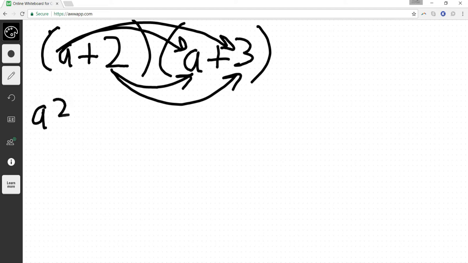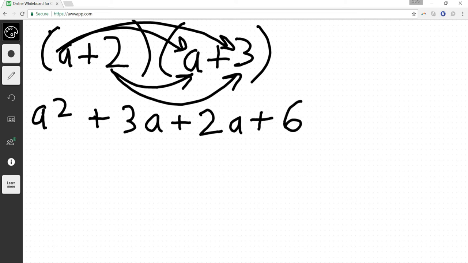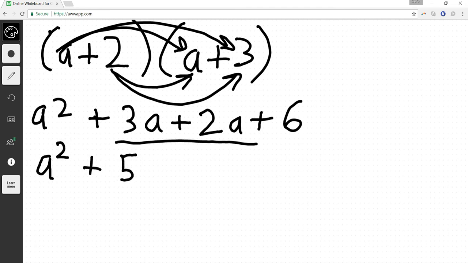I get A squared, A times A is A squared, plus A times 3, which is 3A, plus 2 times A, which is 2A, plus 2 times 3, and 2 times 3 is just 6. But here's the thing, I'm not finished yet because I have these two like terms. Here's what I'm going to get as the final answer. A squared plus 5A plus 6.